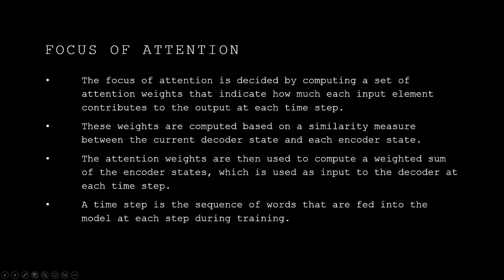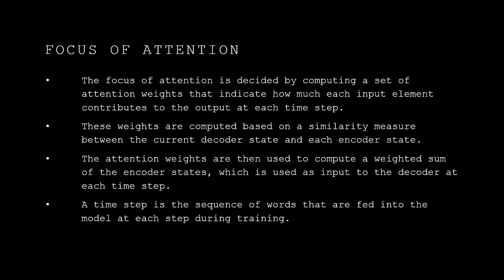But firstly, I just want to talk about the focus of attention, how it decides what to focus on. The focus of attention is decided by computing a set of attention weights that indicate how much each input element contributes to the output at each time step. I'll explain time step in a moment.